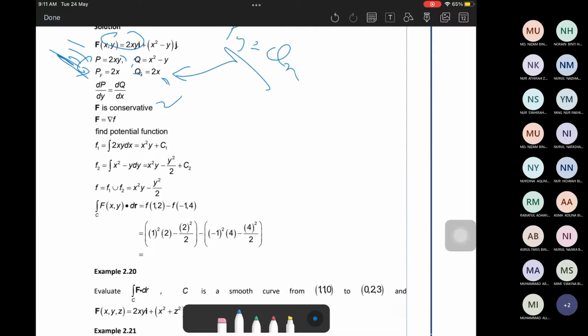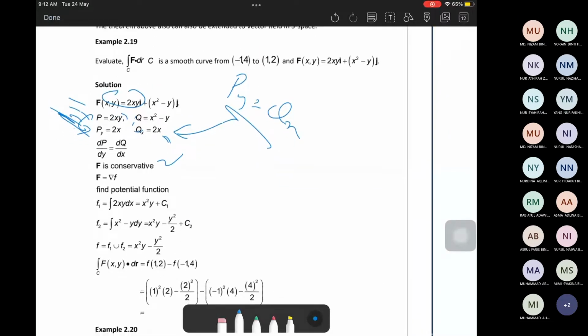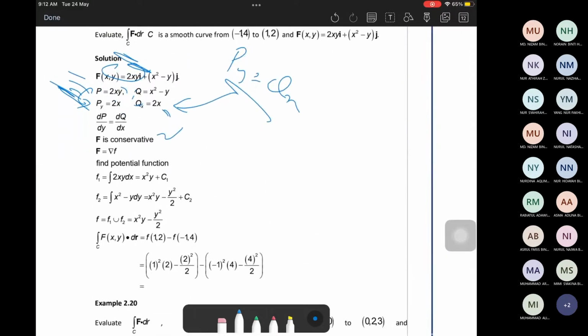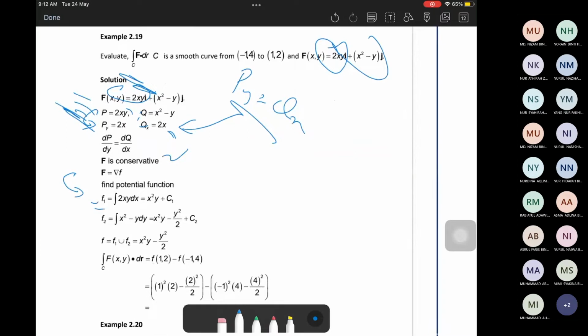Next adalah F equal to del f, di mana kita nak cari dia punya potential function lah. Okay, kita nak cari potential function dia, iaitu to determine dia integral. So kita check dia punya potential function dia lah. So F equal to del f, jadi kita ada berapa komponen x and y saja. Okay, so f1 equal to ∫2xy dx, dan kita integrate, kita akan dapat x²y + c1.